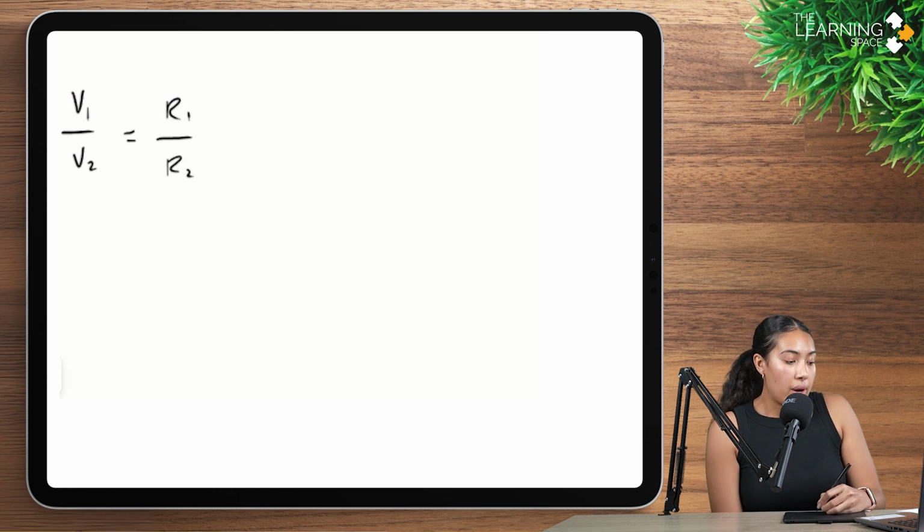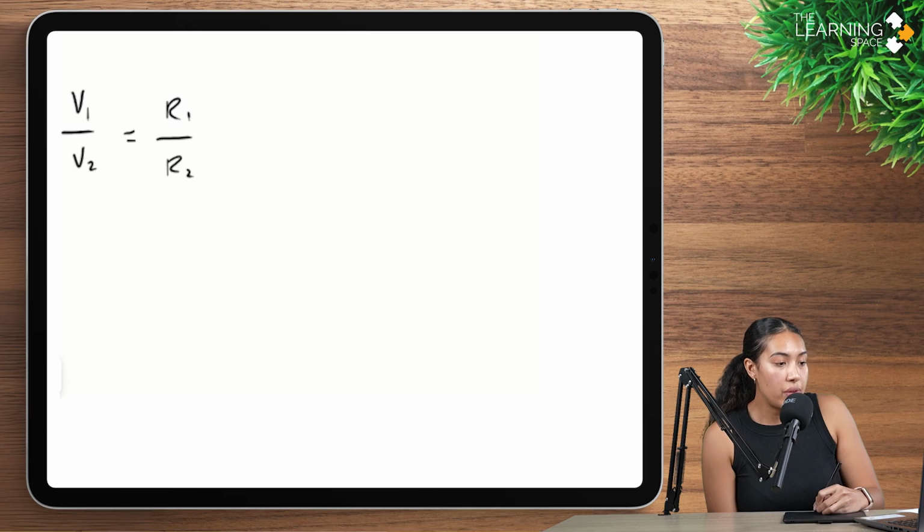So a way that we can write this is we are looking for V2, and we have the total voltage of the circuit. We then are looking at the specific resistance of the 8 ohm resistor that is in series, which for this instance we say R1, and then we also have our total resistance of the circuit, right?